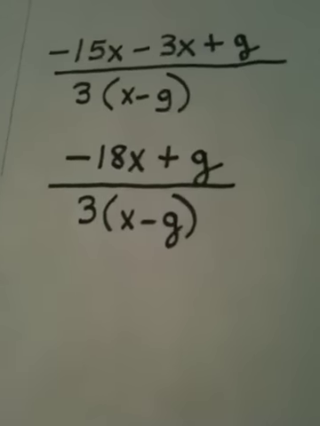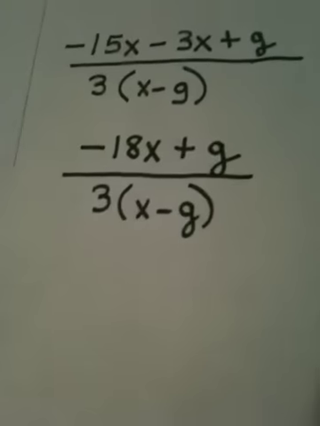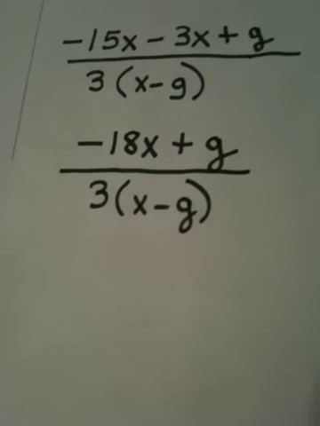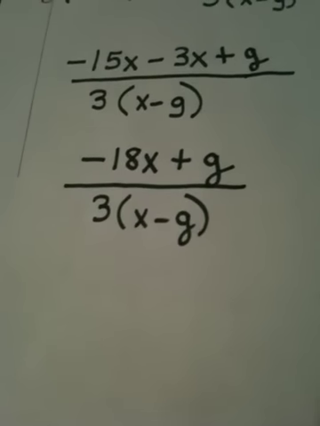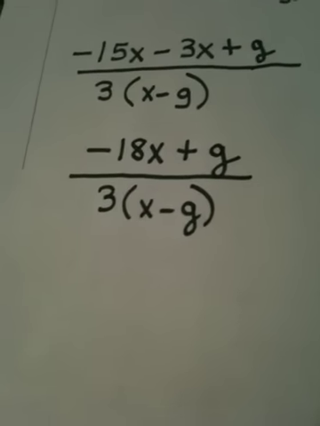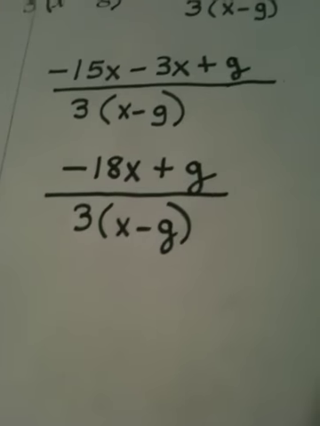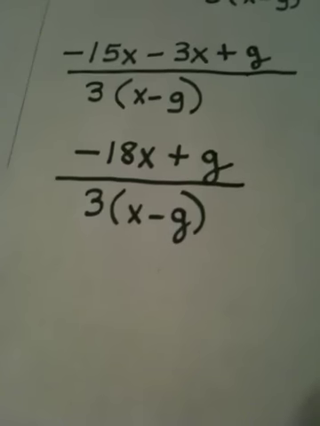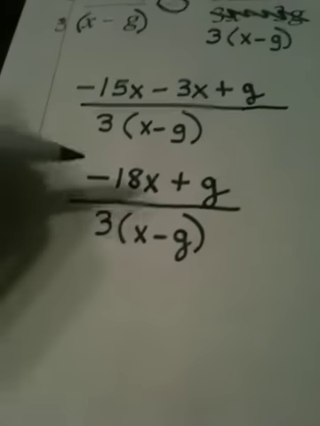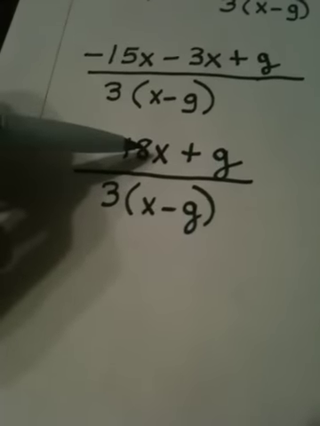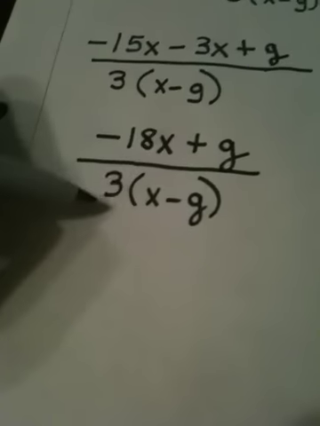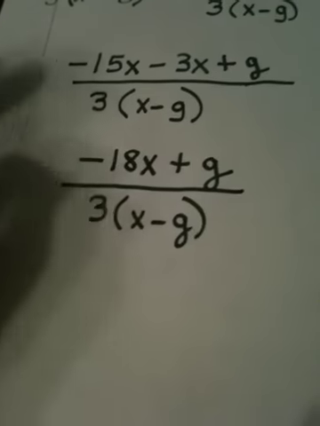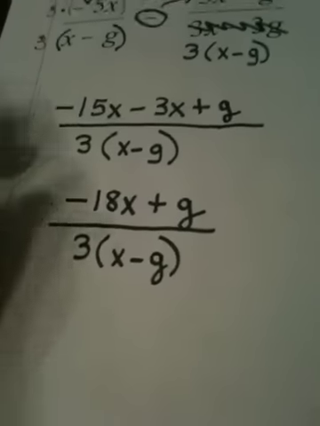Now, the only thing we have to decide is if we can reduce to lowest terms. And remember, reducing to lowest terms, you have to factor before you cancel. One mistake students of mine in the past have made on a problem like this is they go, oh look, here's a 3, here's a 6, here's an 18, it goes in there. No, it doesn't, and here's the reason not.